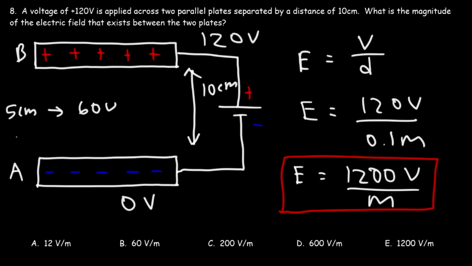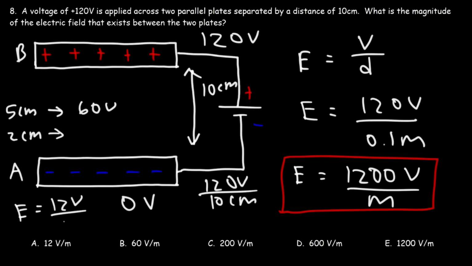What do you think the voltage will be 2 centimeters away from plate A? 120 volts divided by 10 centimeters will give us an electric field of 12 volts per centimeter. So every centimeter, the voltage will increase by 12. So 2 centimeters away, it will be 24 volts. 8 centimeters away from plate A, it's going to be 8 times 12. So it's going to be 96 volts.